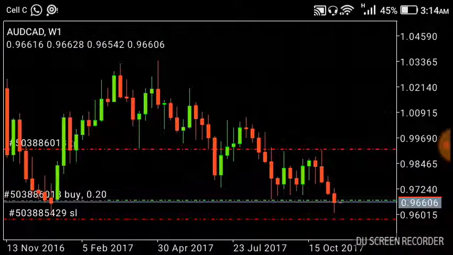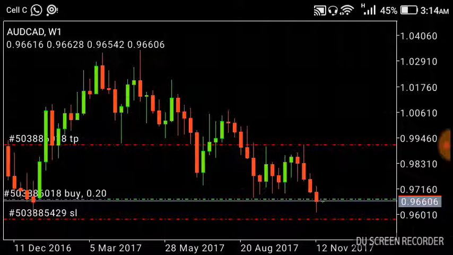So now, the first thing that one must be able to identify, and the most important of all, is the trend. Which direction is the trend going? It's either you are going to trade in the direction of the trend, or you are going to be looking for counter trends, which simply means small movements within the main movement.